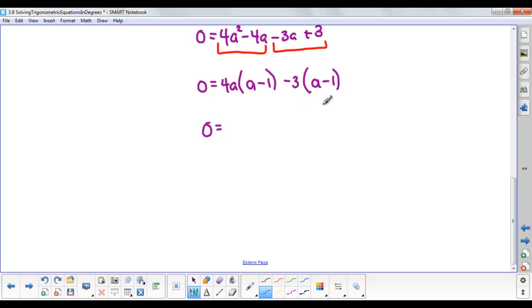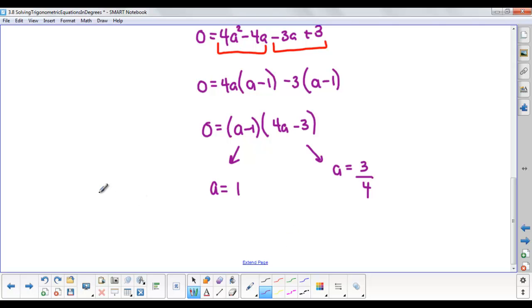So first term, second term, let's take out the a minus 1, leaving us with 4a for our first term and minus 3 for our second term. So factored out. Now again, we're solving here, so I want to know what a equals. In this case, a would be equal to 1, and in the second case, if I let this equal to 0, move the 3 over and divide by 4, we would be left with a equals 3 over 4.